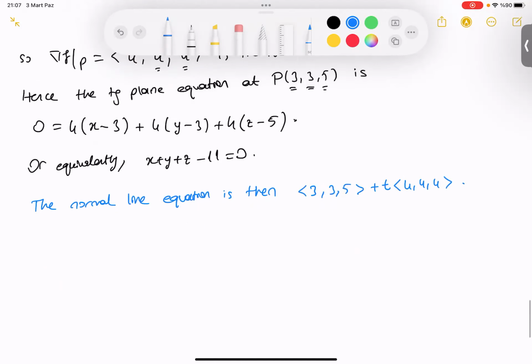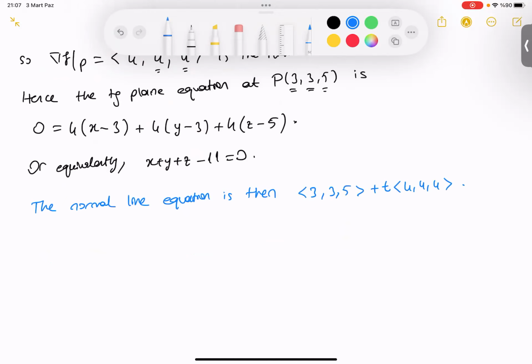Okay, you can write, if you want, parametric equations again, or equivalently, x equals 3 plus 4t, and y equals 3 plus 4t again, and z equals 5 plus 4t. Okay, if you want, you can write it in this form, and you're done.